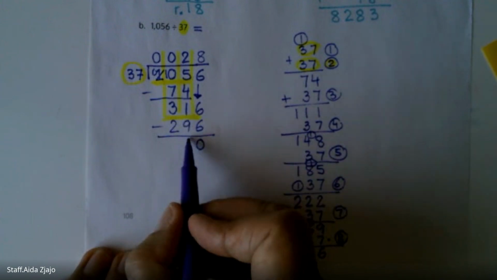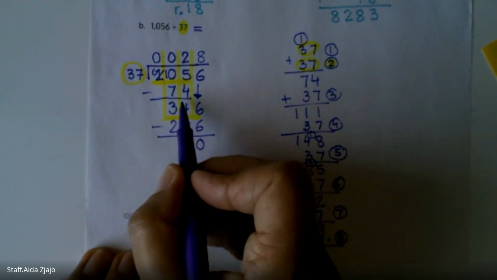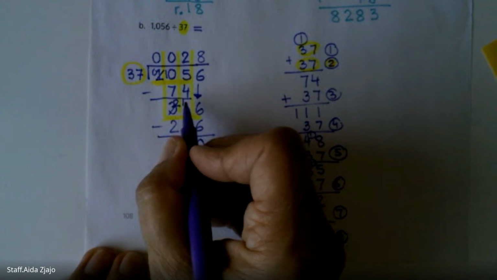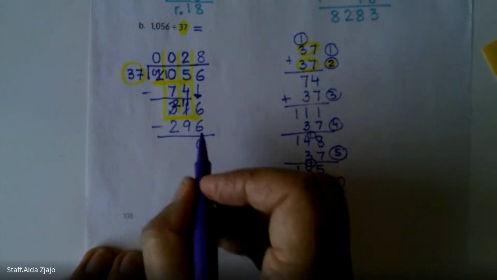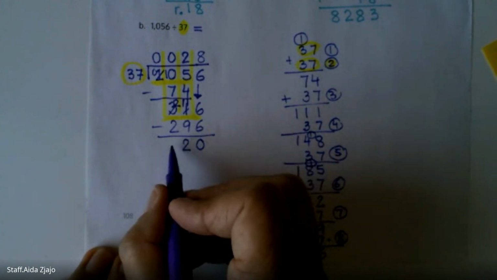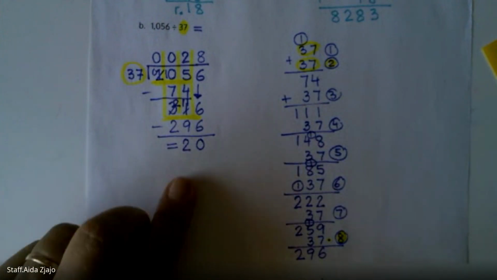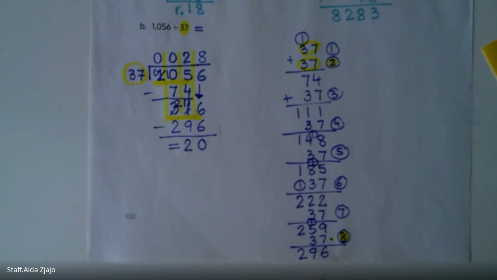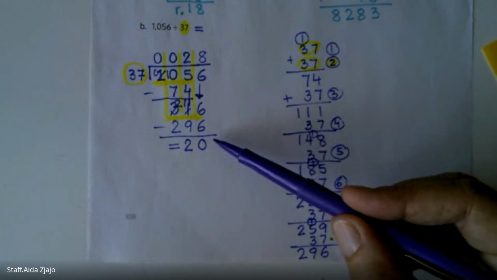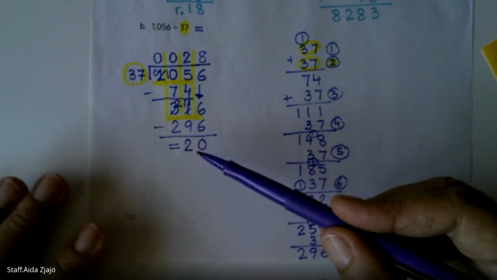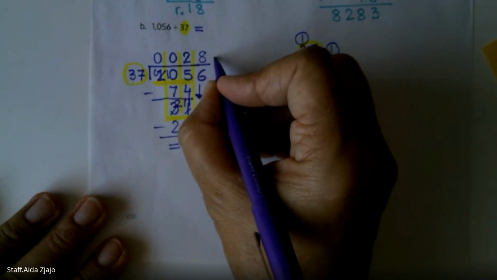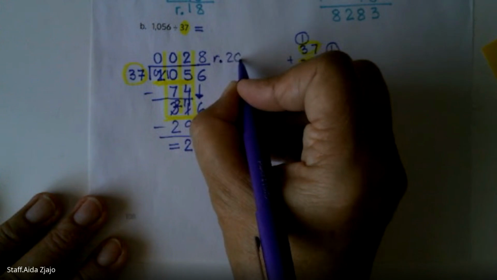I can't say 1 minus 9, so that means I have to regroup the hundreds, make that 11. 11 minus 9 is 2. And then 2 minus 2 is nothing. So there is a remainder of 20. I don't have any more numbers to bring down, so this becomes the remainder. So my solution is 28 and a remainder of 20.